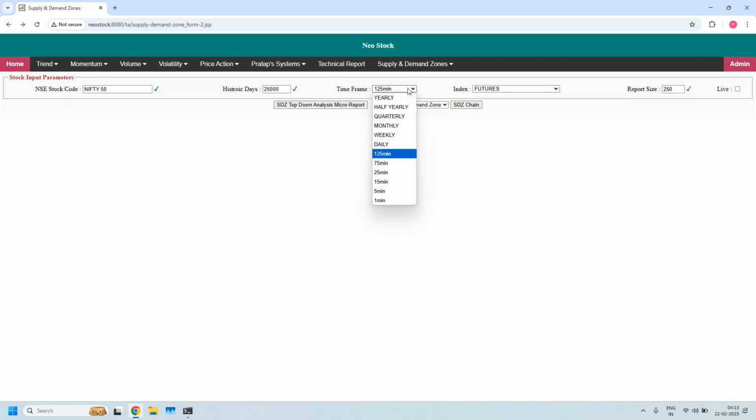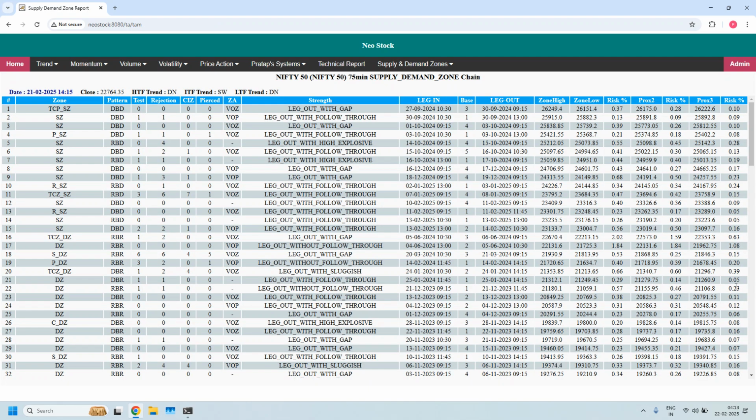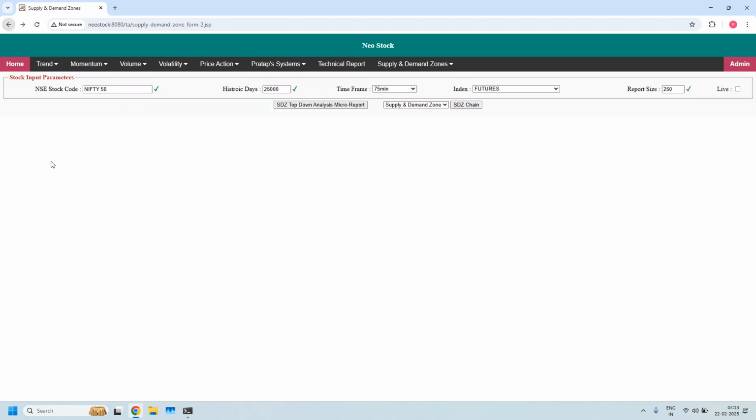Next, 75-minute supply demand zone chain for NIFTY. Next, 25-minute supply demand zone chain for NIFTY.